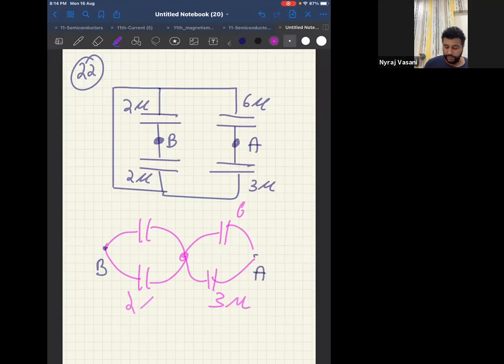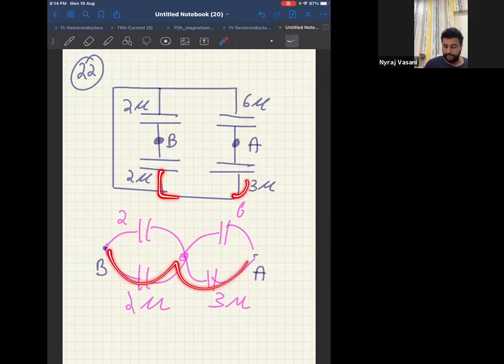I have just redrawn between point B and point A. Now, between point B, there is 2 microfarad, and there is again 6 microfarad. And here there is 2 and here there is 3. Now, isn't this equivalent circuit much easier? Can anyone tell me how you simplify this? Can I say this will become 4?